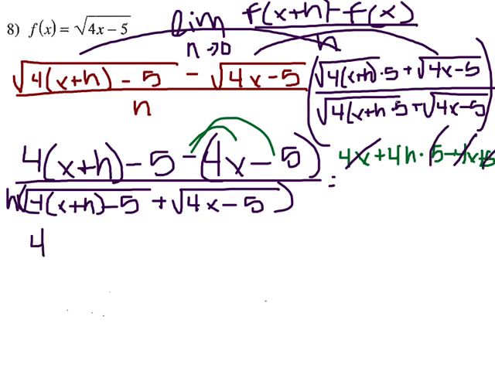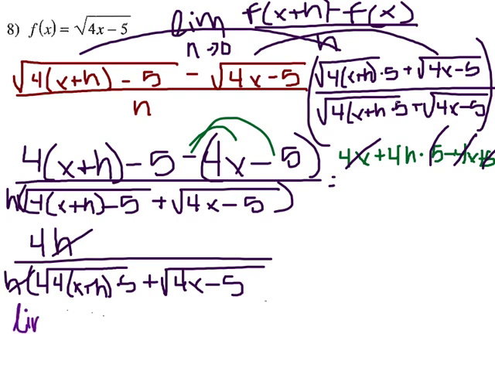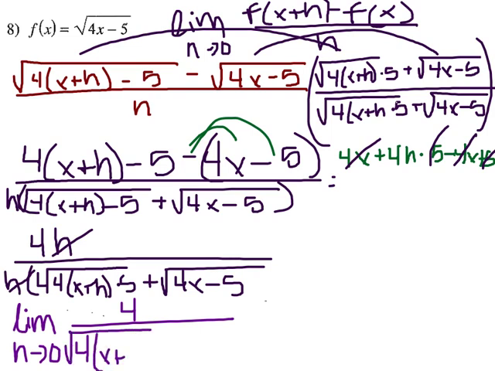And we now have 4h over h times the square root of 4x plus h minus 5 plus the square root of 4x minus 5. Our h's will cancel out. And we are left with the limit as h approaches 0 of 4 over the square root of 4x plus h minus 5 plus the square root of 4x minus 5.